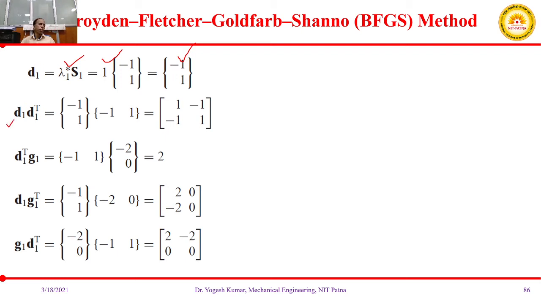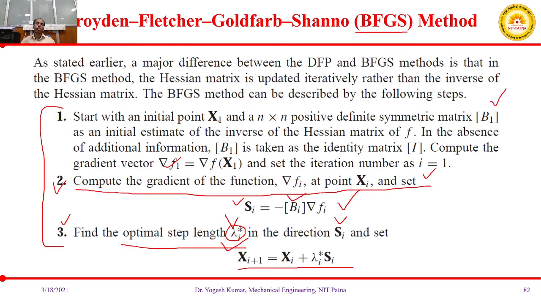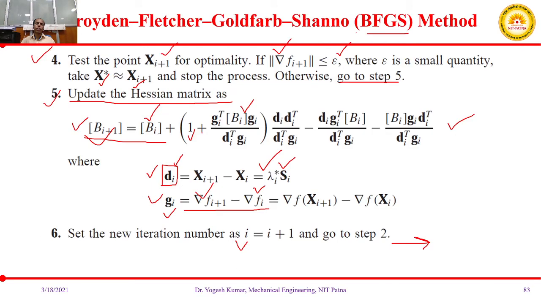Then you need the multiplication of d1 into the transpose of d1. This matrix will be 1, minus 1, minus 1, 1. Then, in order to update your Hessian matrix, you need the transpose of d1 into g1, which will be 2. All these terms are needed in the calculation of your Hessian matrix Bi plus 1.